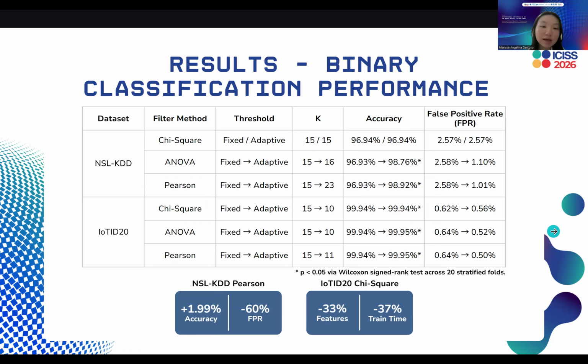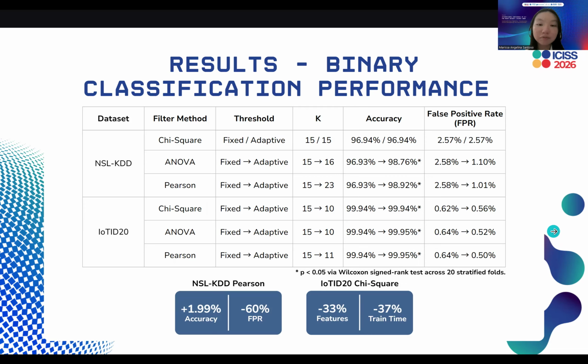On IoT ID20, it went in the other direction. For chi-square, K dropped from 15 to 10, and accuracy stayed statistically flat at 99.94% while cutting 33% of the features and 37% of the training time.